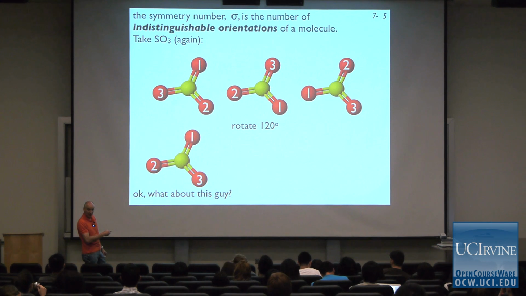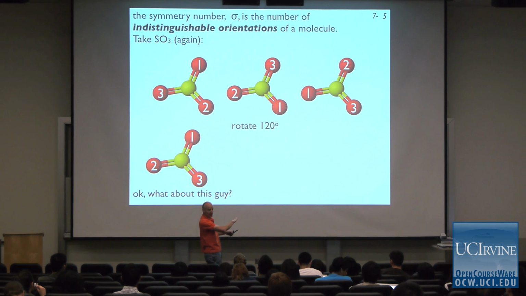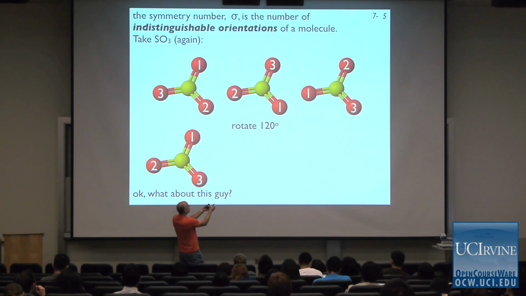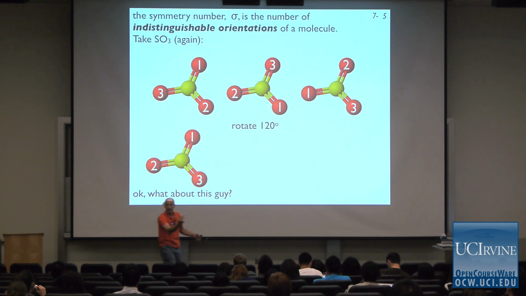Does everyone see that? The reason I could do this is because this molecule is flat. If I do this flipping thing with ammonia, I'm not going to get something that's indistinguishable, because these 3 guys, in the case of ammonia, are hydrogens. They're either going to be sticking out of the screen or sticking in the screen, and when I flip the molecule over, it's going to look totally different.